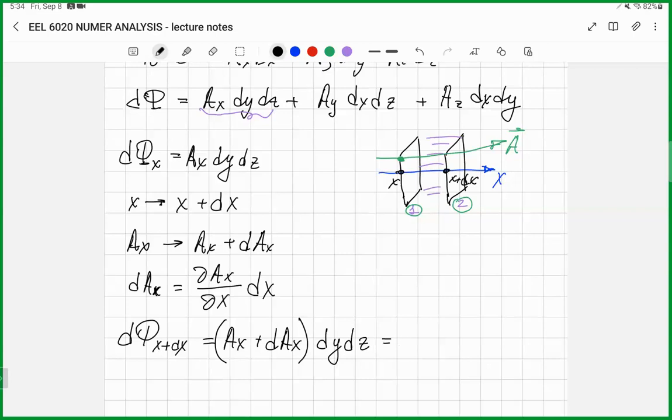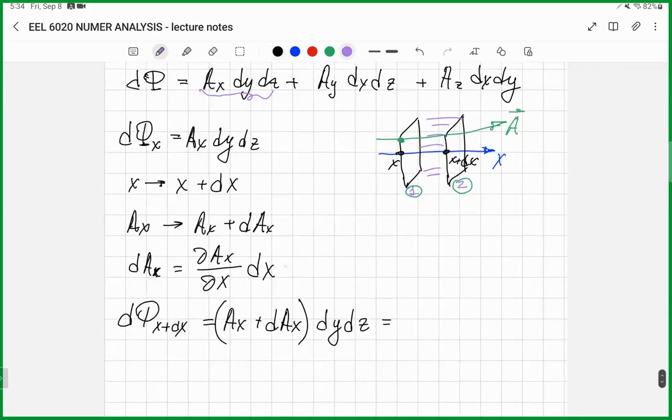Okay, so now I plug in this change for the field into this formula, and I get ax plus dax over dx dx, dy dz.